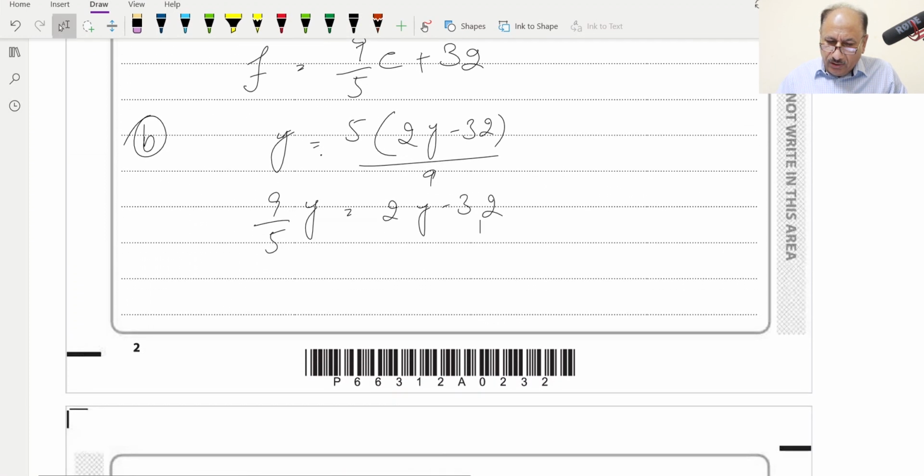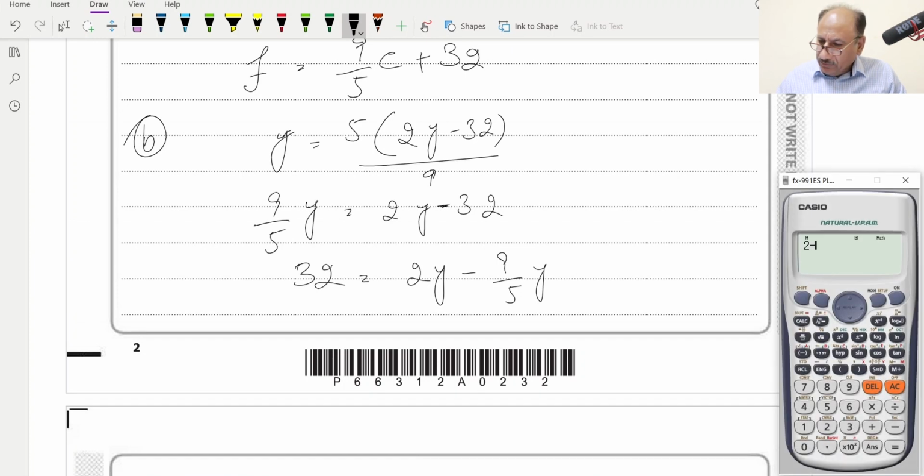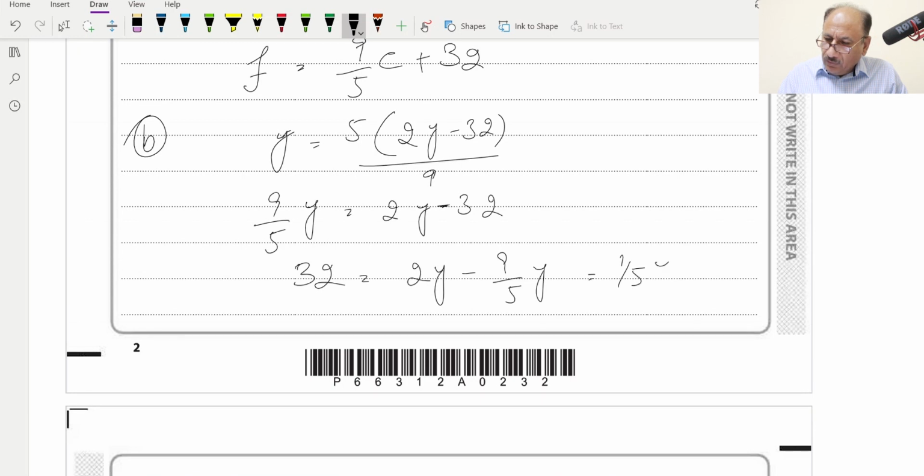Now we can shift 2Y to the other side, so 9 over 5 Y minus 2Y is equal to minus 32, or we can shift this minus 32 to this side, so it will be 32. We can write 32 is equal to 2Y minus 9 over 5 Y, and 2 minus 9 over 5 will be equal to 1 over 5, so this will be equal to 1 over 5 Y.